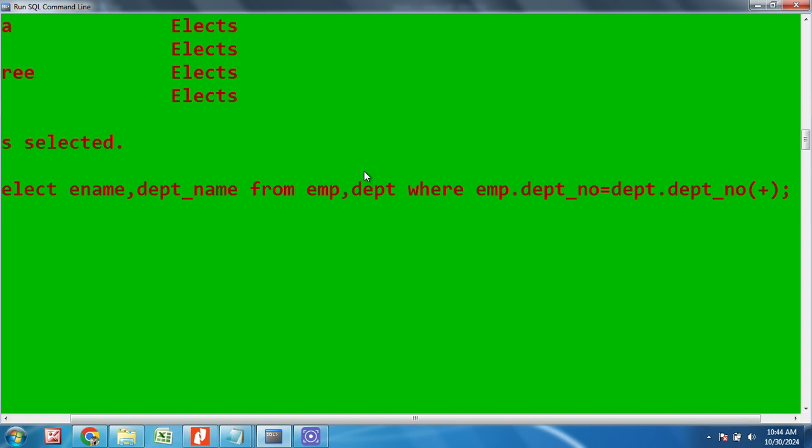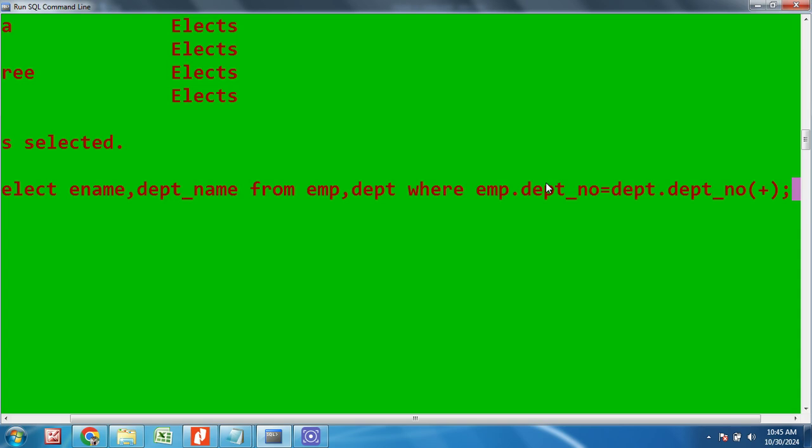So how can we write the command? Select ename, DEPT name from EMP, DEPT, from both the tables, where EMP dot department number equals DEPT dot department number, where the department number will be matched in both the tables, EMP table and DEPT table. And here we are writing a plus symbol on the right hand side.